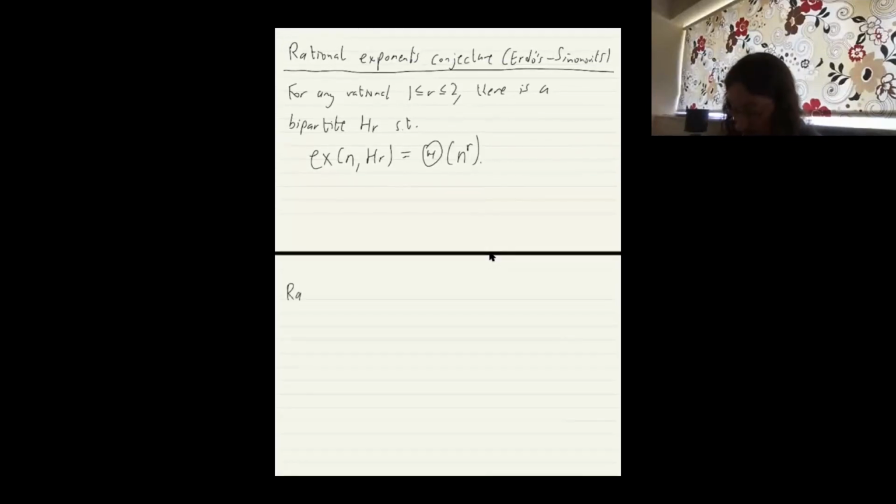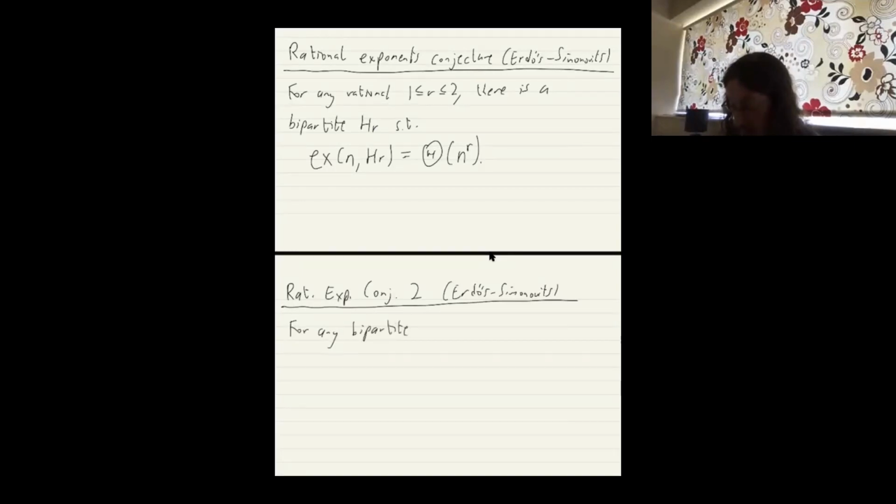So rational exponents conjecture 2, again due to Erdős and Simonovits. And that conjecture is basically the converse.